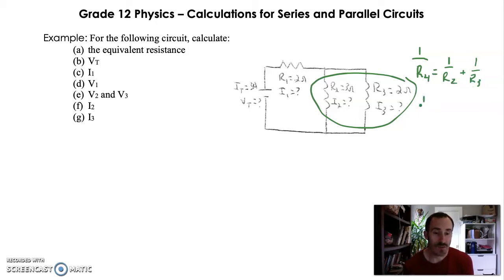And so that gives us 1 over R4 is equal to 1 over 3 plus 1 over 2. And when you put those together, you get 2/6 and 3/6, which is 5/6. Flip it upside down, and you get 6 over 5.